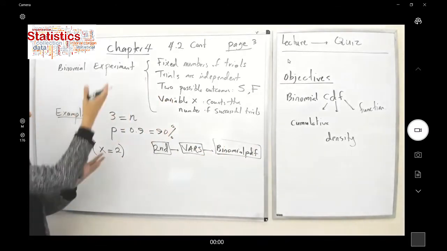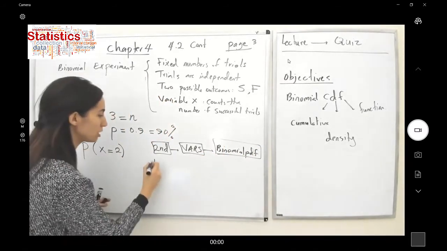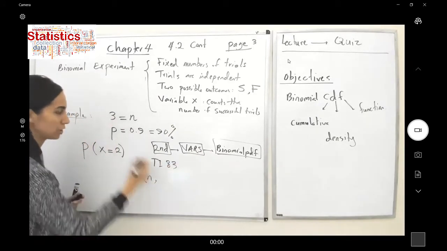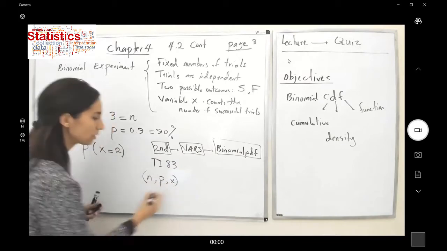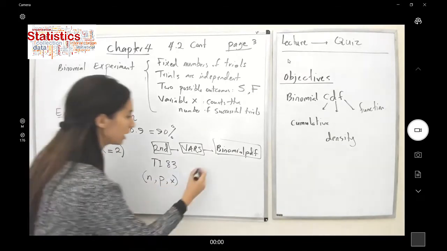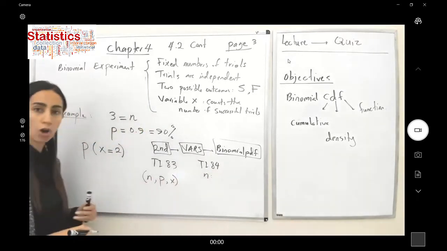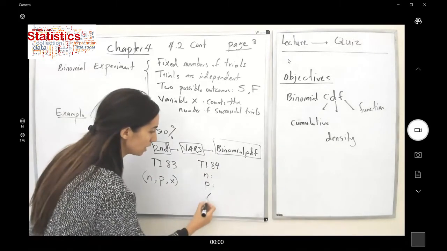Then you enter the information that you have. If you are using TI-83, you have to write N, comma, P, the probability, comma, X. And if you are using TI-84, it actually gives you N, number of tries, then P, then X.